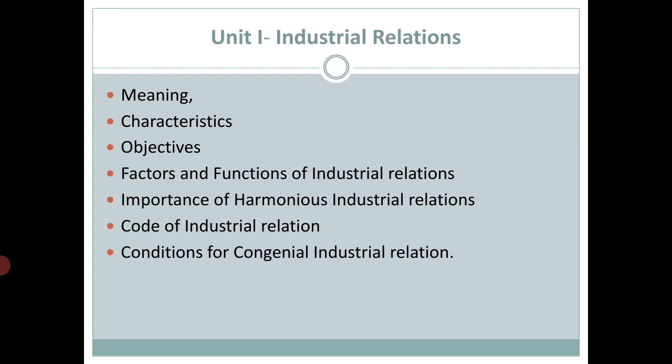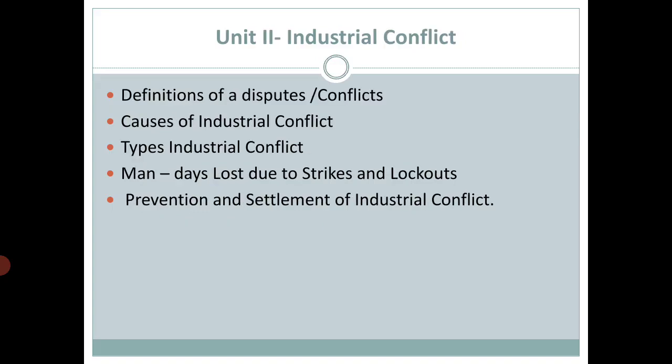So overall, unit number 1 is about how to maintain good industrial relations. Then unit number 2 is titled industrial conflict.